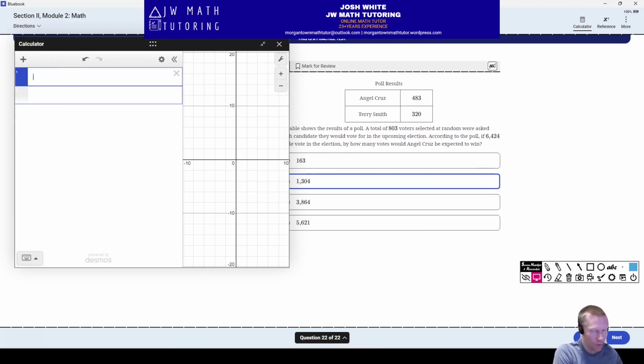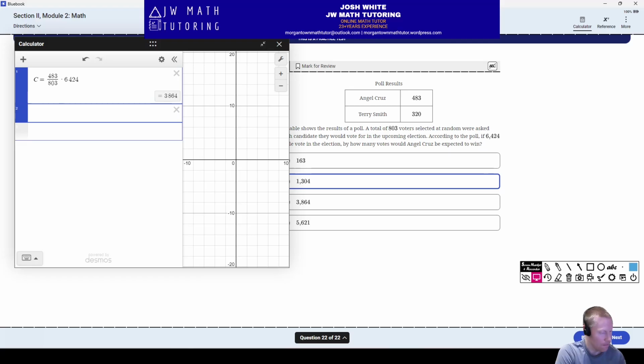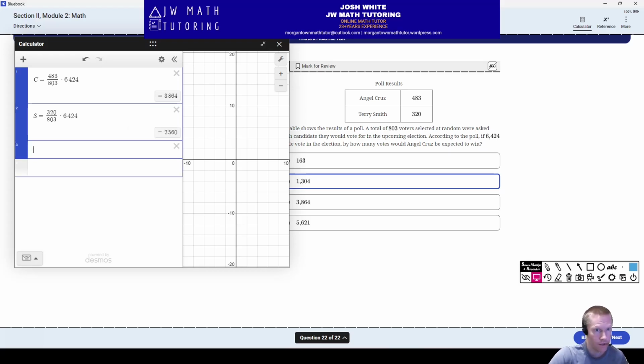First person, Cruz, 483 out of 803. That's the percentage of votes. Let's multiply that by 6424. That's Cruz's total. Smith's total is 320 out of the 803 in the sample, and then times again 6424. Okay, so what's the difference now of Cruz minus Smith?